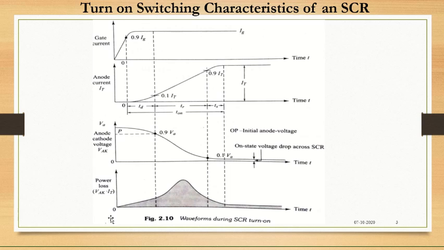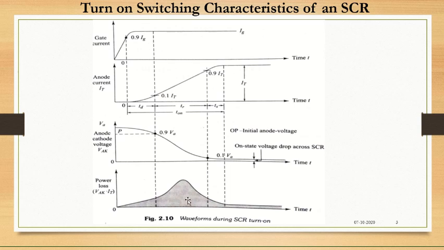So to limit this rate of rise of the current, generally inductors will be used in the circuits so that they limit di/dt, the rate of change of current. This means we don't want the current to rise instantaneously, to shoot up.